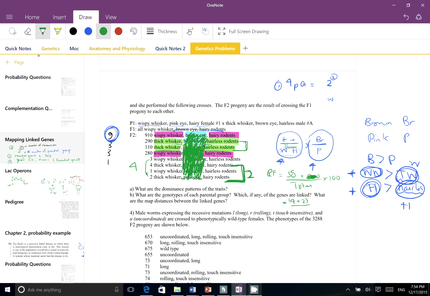So this is 10. This is 400. These two. I know I should have done the calculations before starting this. I'm sorry. What am I thinking?